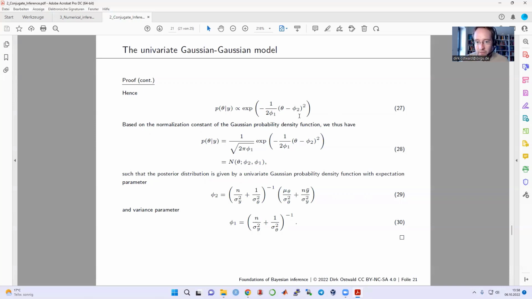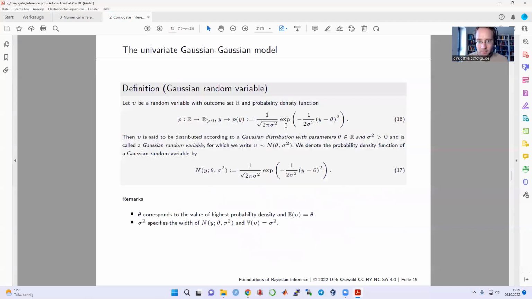Now, if we have a function like this and wonder how to normalize it, meaning we want to compute the integral from minus infinity to infinity, we realize this is just the same thing as this, except that instead of sigma square it says phi 2, and instead of theta it says phi 1. But it's actually exactly this function.